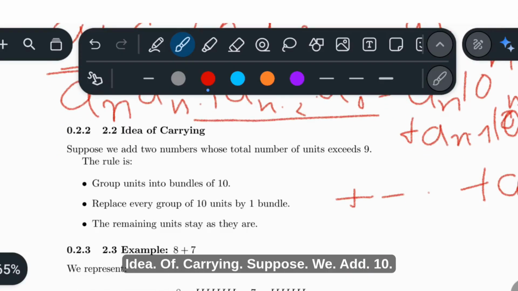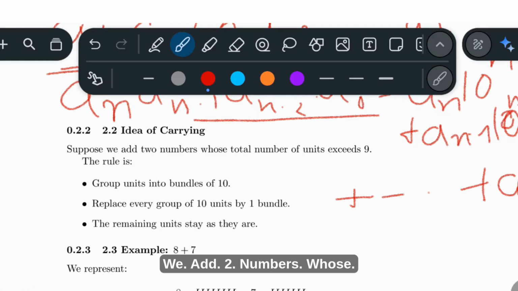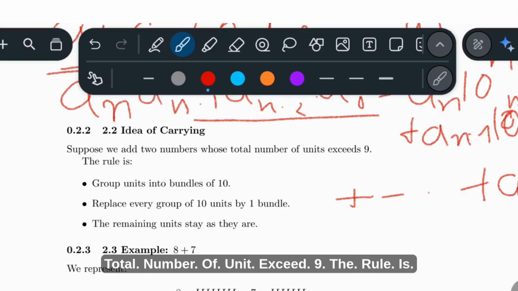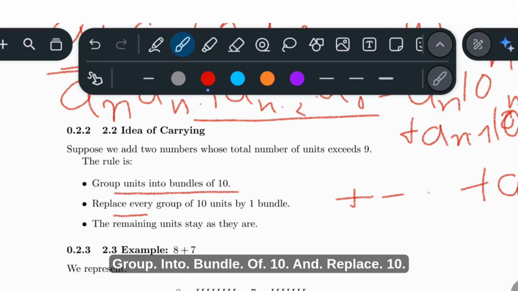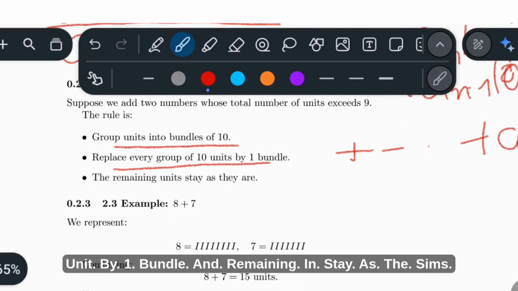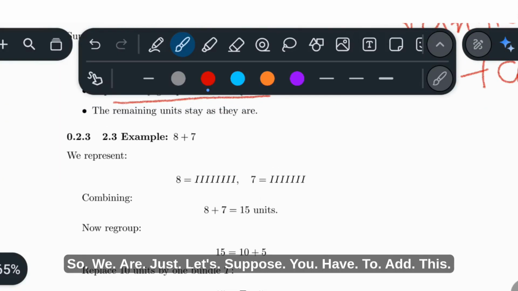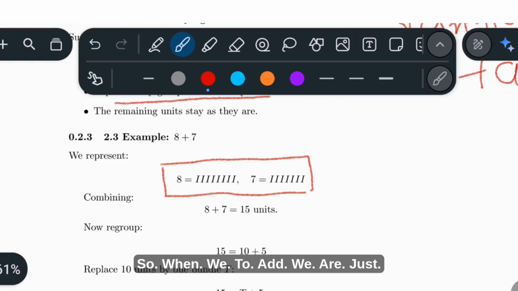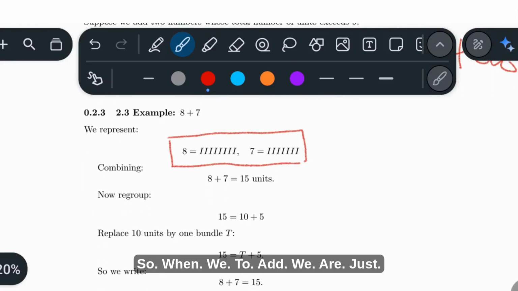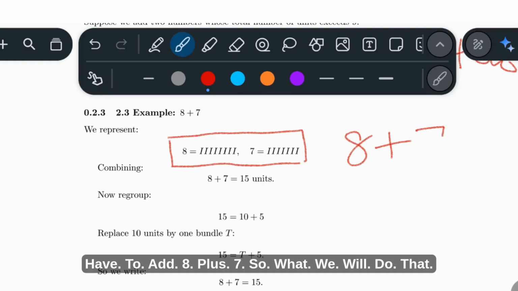Idea of carrying: suppose we add two numbers whose total number of units exceeds 9. The rule is to group into a bundle of 10, replace 10 units by one bundle, and the remaining units stay the same. Let's suppose we have to add 8 plus 7.